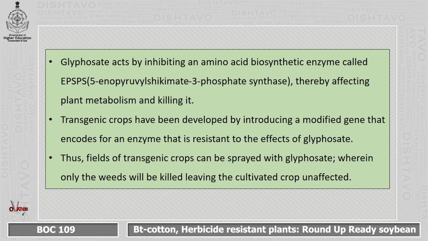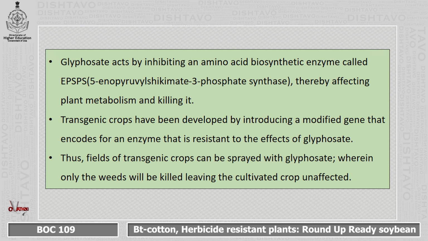These are the amino acids which are required for the plant body in different ways. So if this intermediate is stopped or altered, then these amino acids will not be produced. Eventually it is going to affect the plant metabolism and thereby kill it.